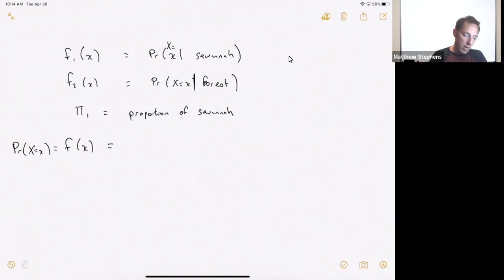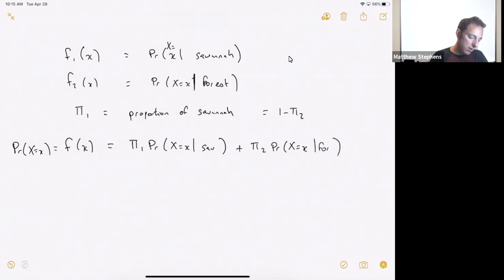With probability pi1, we're going to draw a savanna elephant, so we get pi1 times the probability that X equals x given savanna. And with 1 minus pi1, which I'm going to call pi2, the proportion of group 2, forest, we get pi2 times the probability given forest. So that's just pi1 f1 of x plus pi2 f2 of x.